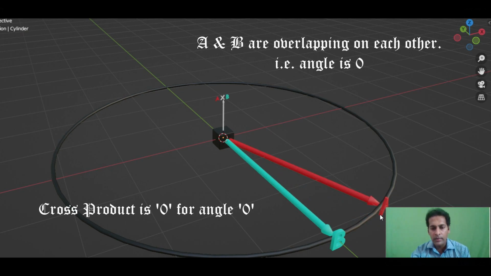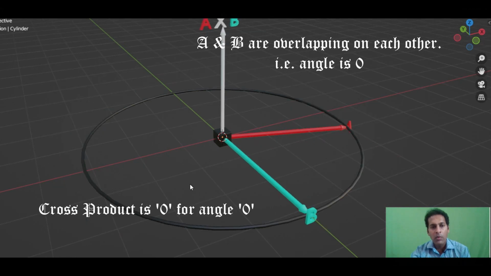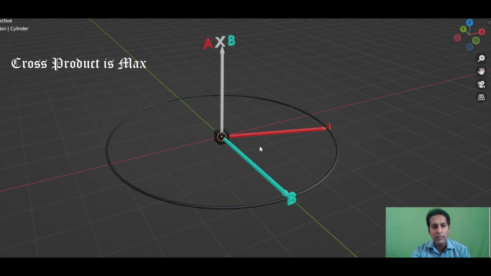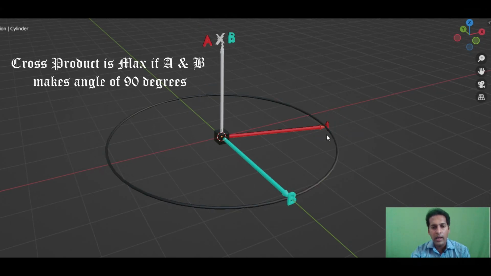As A progresses, we get the cross product of A and B perpendicular to A and B. As the angle increases, the value of the vector A cross B also increases. It becomes maximum when B and A are perpendicular to each other.